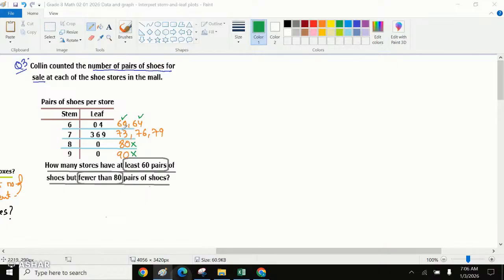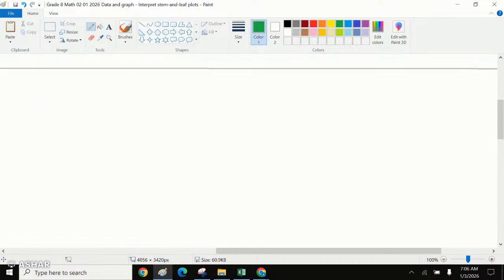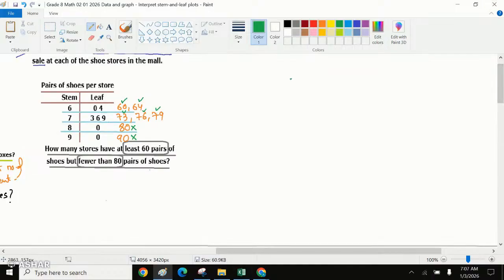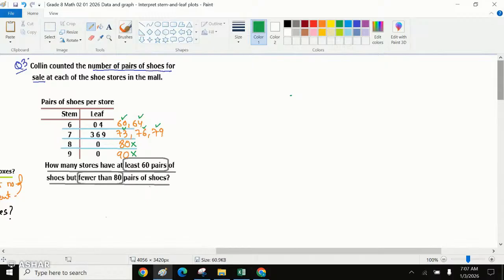But fewer than 80 is 73, 76, and 79, right? Sorry, at least 60 means 60 or more, but fewer than 80 means 79 is the maximum number that we can select, right?